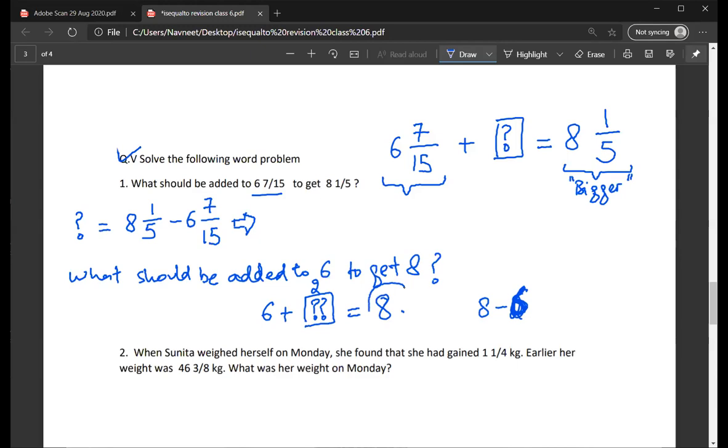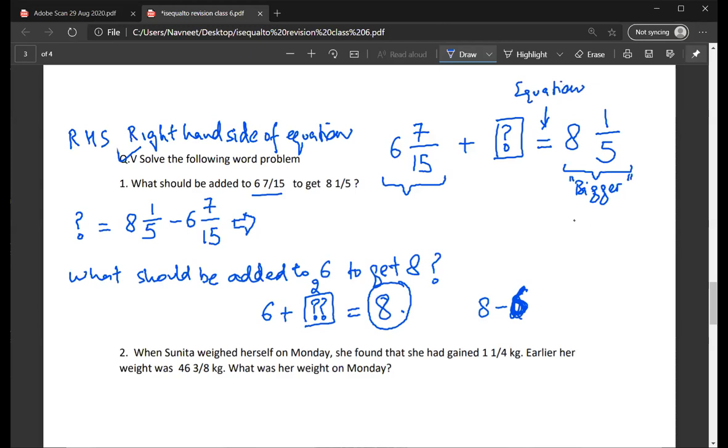So whatever was on the right hand side, see, RHS means right hand side of the equation. Whenever there is an is equal to, there is an equation. This part is called right hand side and this part is called left hand side.